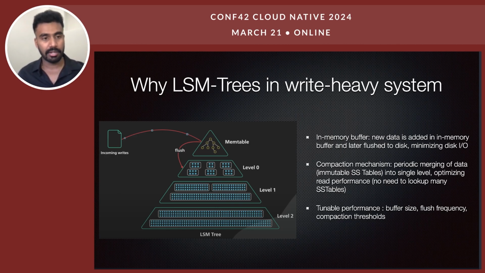So the incoming writes are first buffered in a small cache, like a memcache, and that itself is implemented. The backend data structure is again a binary tree, and once that is full, the data is asynchronously flushed to the disk. So here level 0, 1, 2, 3 are disk, the secondary storage.